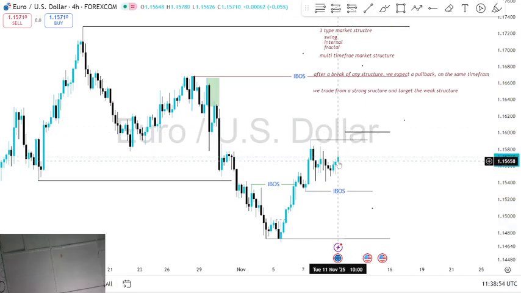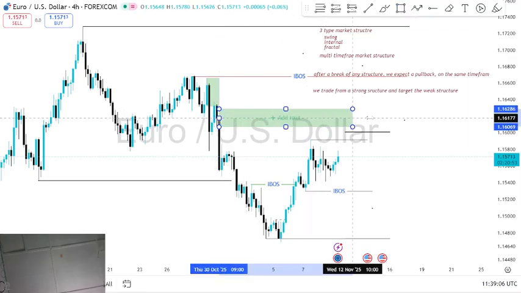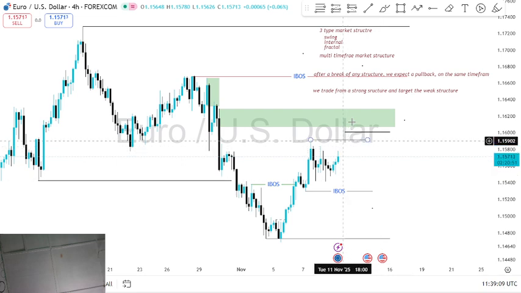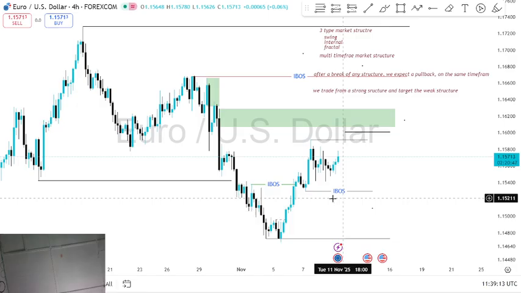So we can see why we are expecting price to break this weak structure for us to actually tap into EQ. It doesn't mean price necessarily has to come here. No, price will do whatever I want to do. It doesn't mean that I have control over it.